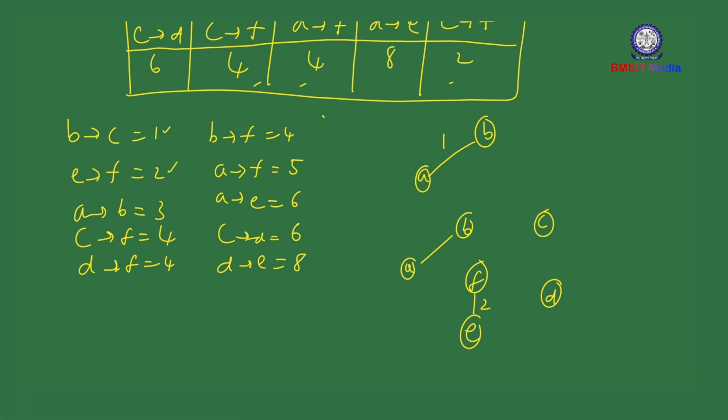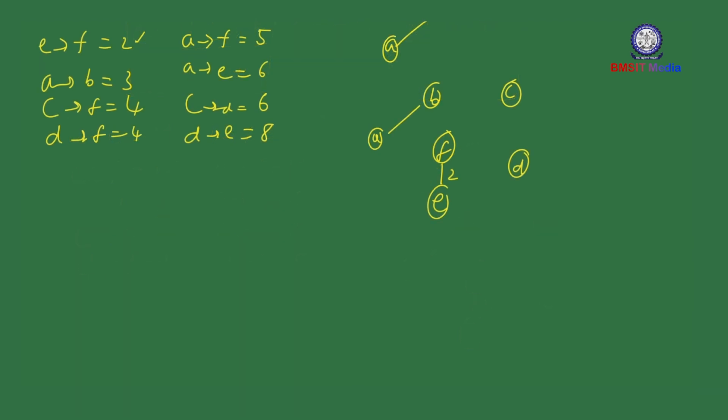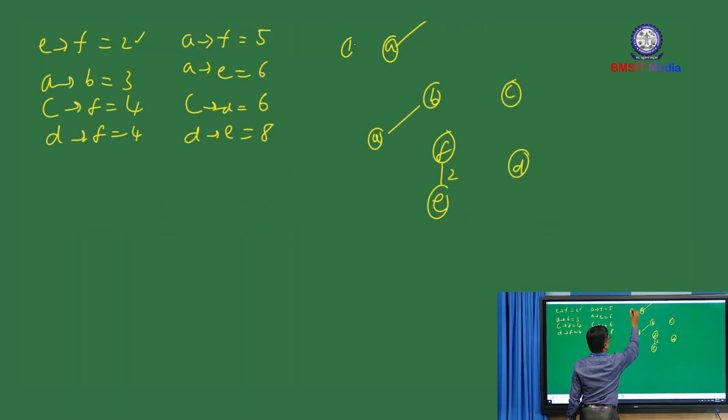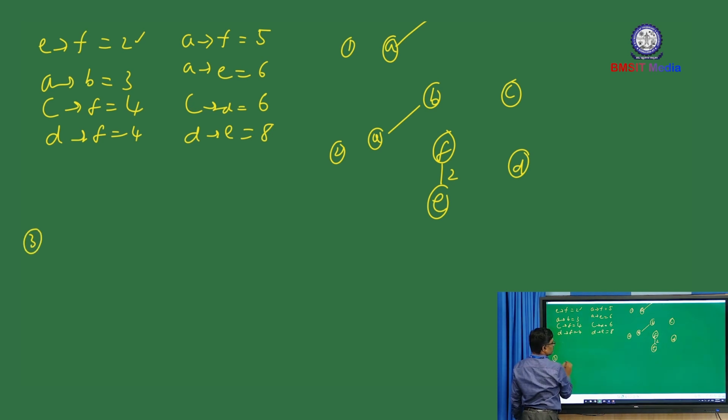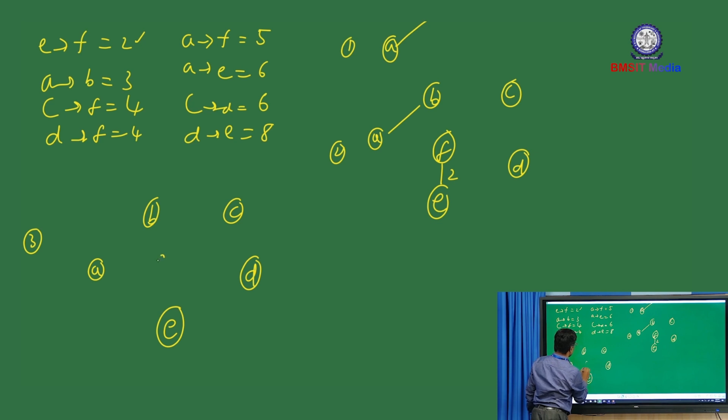Now what will happen? Next step, this is the first one, this is the second one, the third one I will write here. So write it as it is: A, B, C, D, E, F. You have already drawn this, this is 1, this is 2. Write it here also, 1, this is 2.